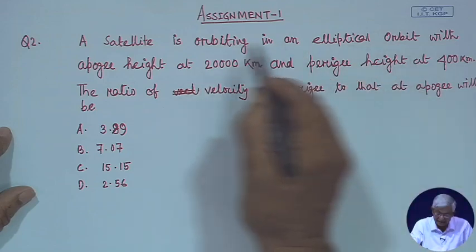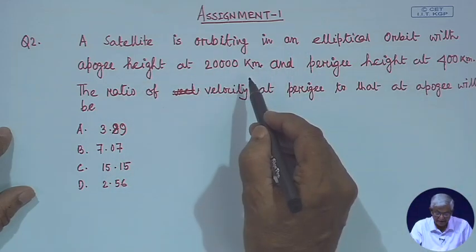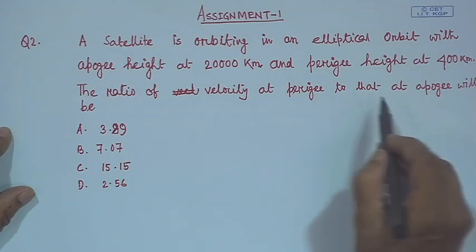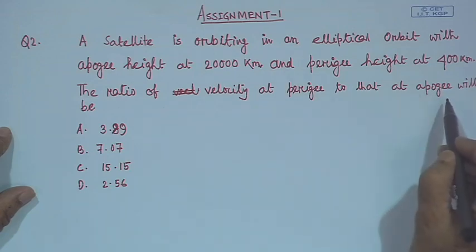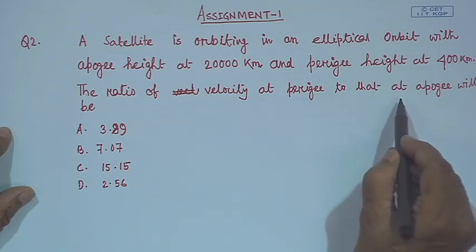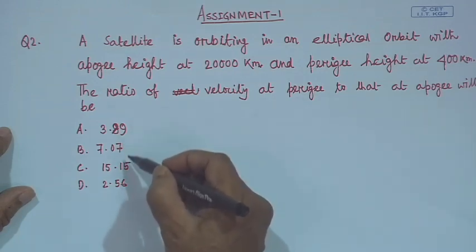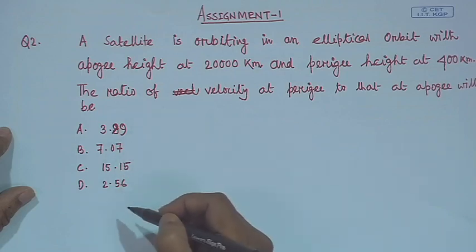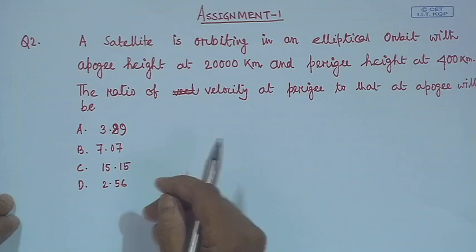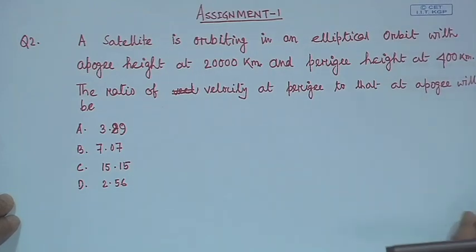And with this elliptical orbit, the ratio of the velocity at perigee to that of apogee will be, these are certain numbers given, different options given. You have to calculate and find out which option is correct. So, let us try to see how we calculate that.